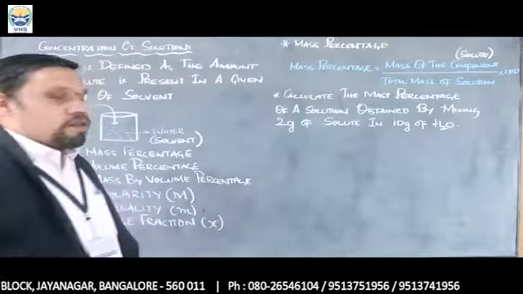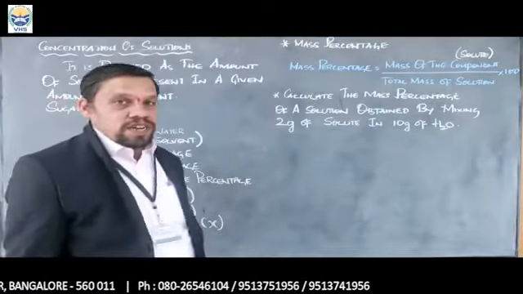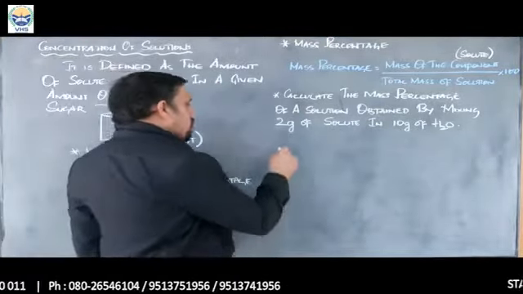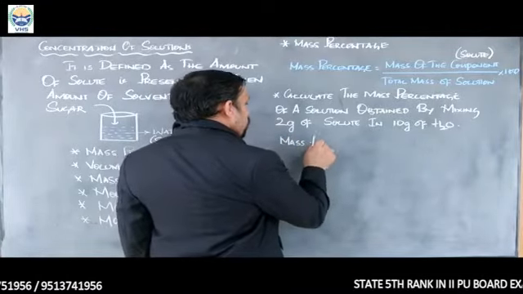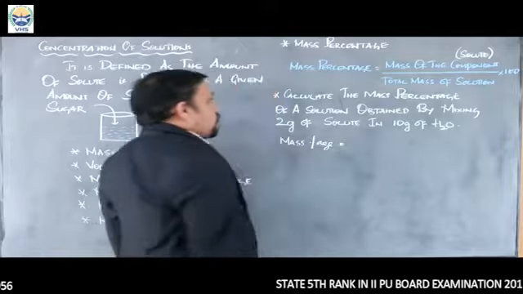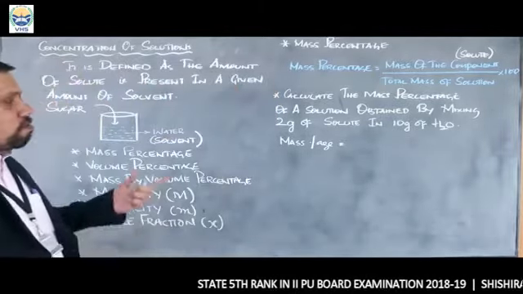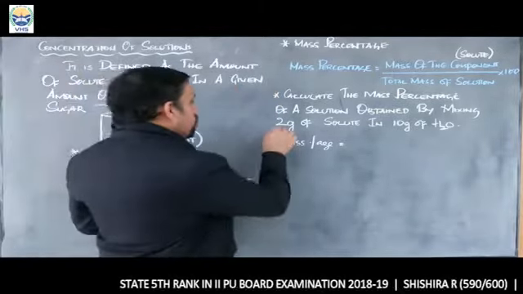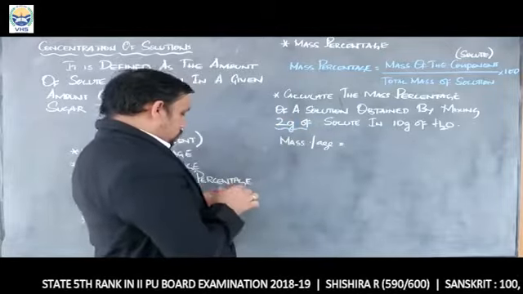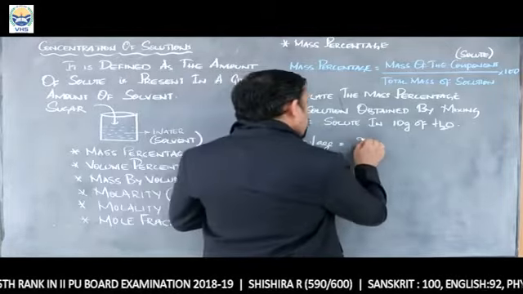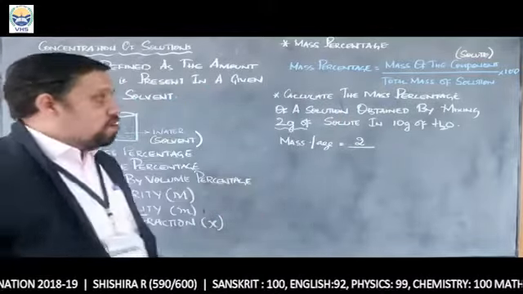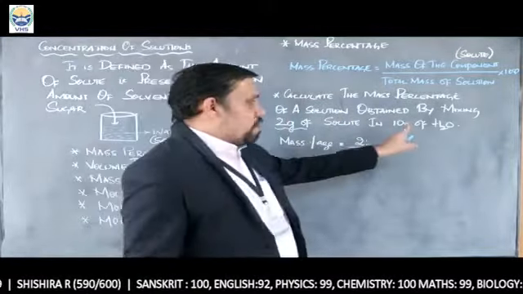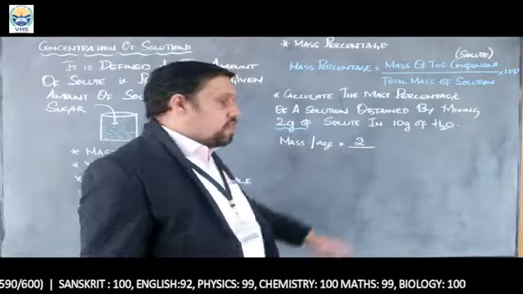You people have to find out the mass percentage of this one. So you can just write it as mass percentage is equal to the mass of the component, that is the mass of the solute that you people have got, which is 2 grams. So it is 2 divided by the total mass of the solution. You have dissolved 2 grams of solute in 10 grams. 2 plus 10 is how much?